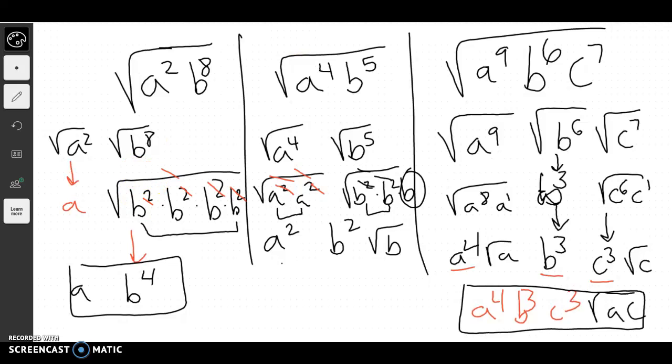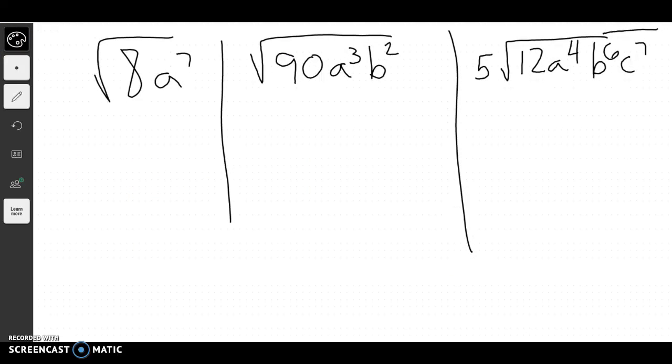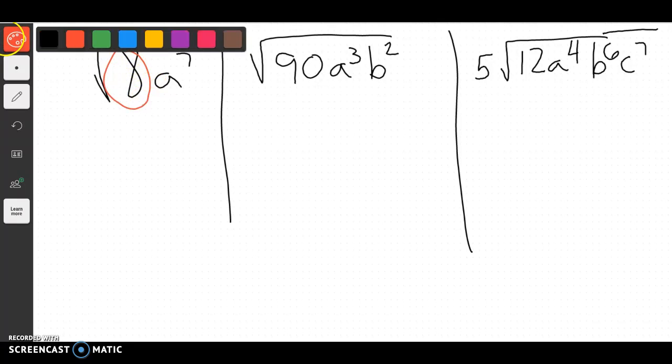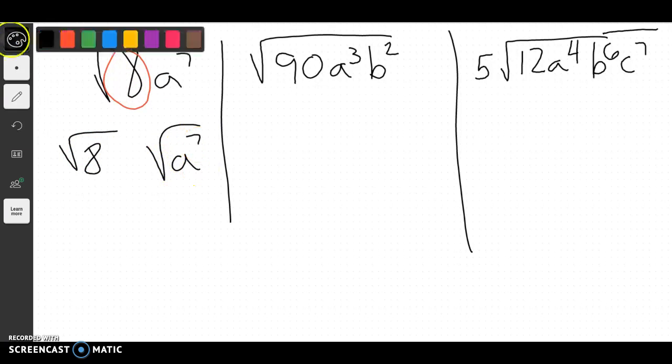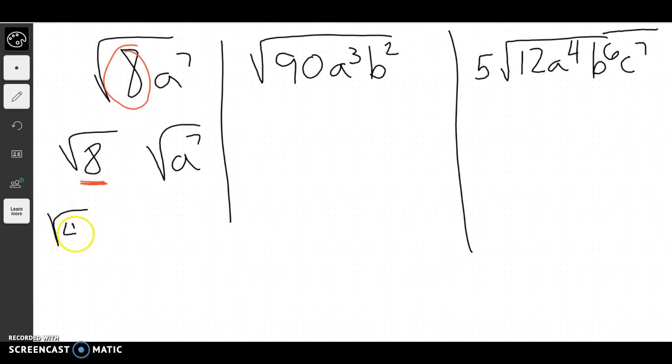Let's do our last kind of examples. Now we're going to combine what we did yesterday and today. And I'm going to go, oh, these things have numbers, but we can deal with the numbers pretty easily, just like we did yesterday. We have to think about the perfect square root that makes up 8. And the perfect square root that makes up 8 is 4 and 2.